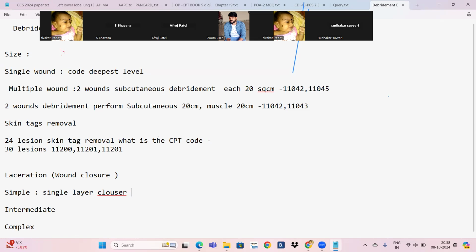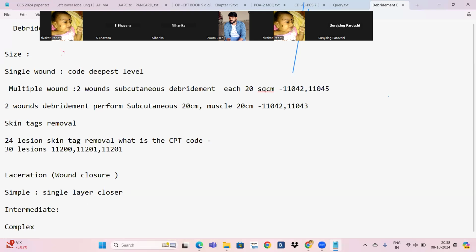Depth was dermis and epidermis. Deepest is dermis level, epidermis, superficial of the subcutaneous tissue. It does not enter the deepest subcutaneous tissue.